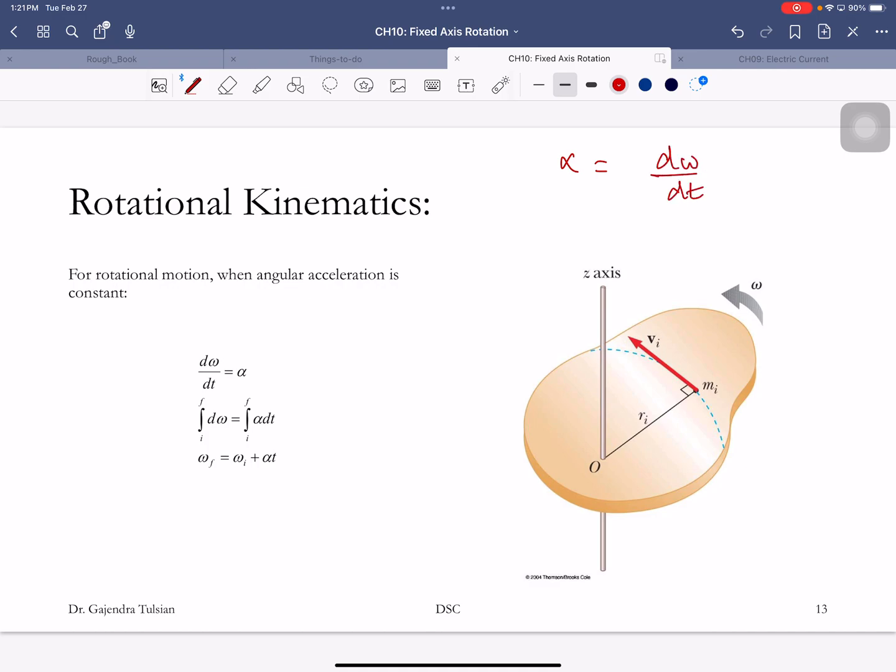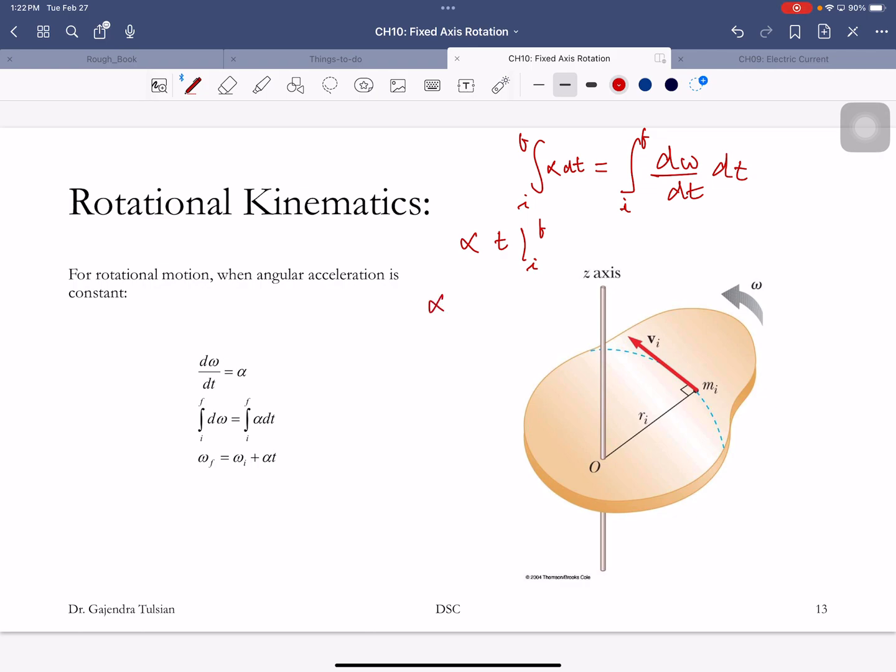What we'll do is integrate both sides with respect to t from the initial to the final instant. This guy was constant, so that guy just comes out. So alpha times the integral of dt from t initial to final.